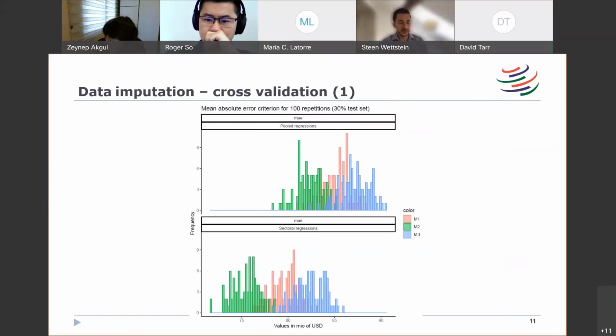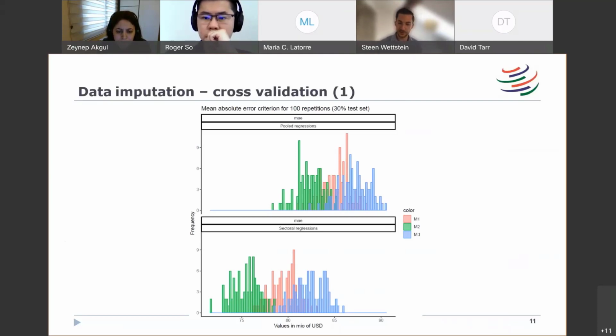The principle is that we had both a training set and a test set. In the training set, we use 70% of the observations available and then run the regression. Then you estimate your coefficients, and you use those coefficients to predict the remaining part, the test set, the remaining 30%.